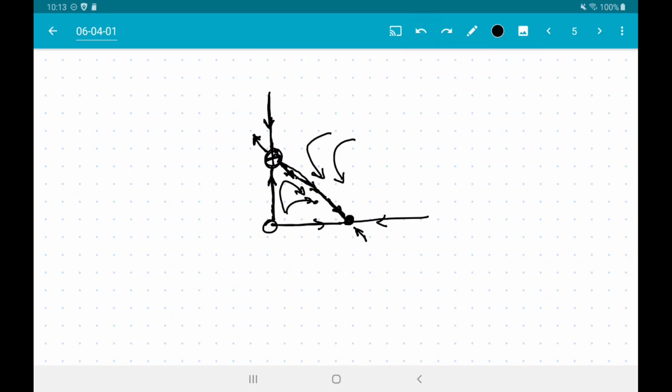And trajectories can't cross that line segment because, again, there's a trajectory there. So this is where, even though we can't easily get an algebraic closed form solution to this differential equation, we're still able to get a lot of information about what its solutions do.